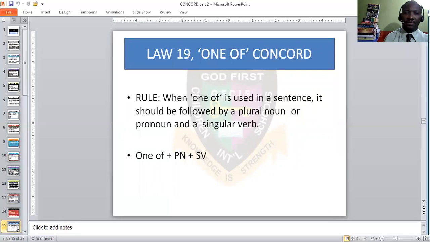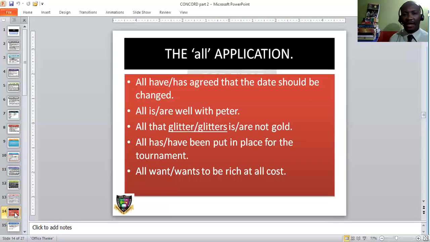Look at this. We are talking about all now. Example, all have agreed that the date should be changed. Now this all is a collection of people. All have agreed. But all is well with Peter. Now all here is referring to an adjective, the condition of Peter, everything, all.